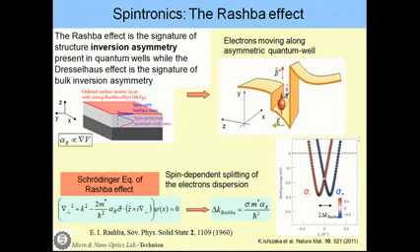We can write the Schrödinger equation for the electrons, for the Rashba effect, by using a correction Hamiltonian term proportional to the spin operator and to the gradient of potential. The solution for this equation is a spin-dependent splitting of the electron dispersion, and we can write the spin-dependent momentum shift, delta K, proportional to the spin and to the gradient of potential.